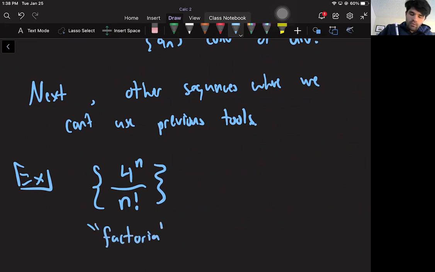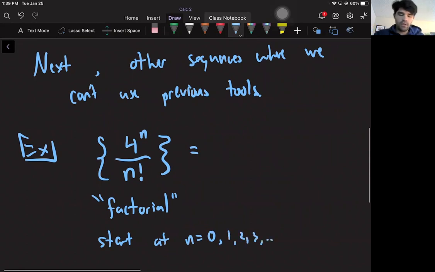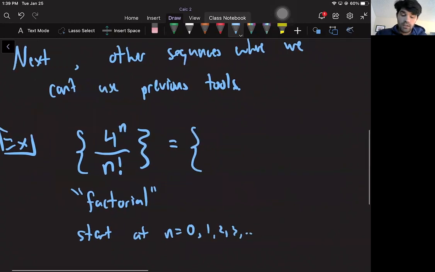So you may remember what a factorial is, but I'll just remind you. So what is this sequence? Well, if I start at 0, just to remind you of what 0 factorial is, which is important. Then 4 to the 0 is going to be 1, and 0 factorial is also 1.